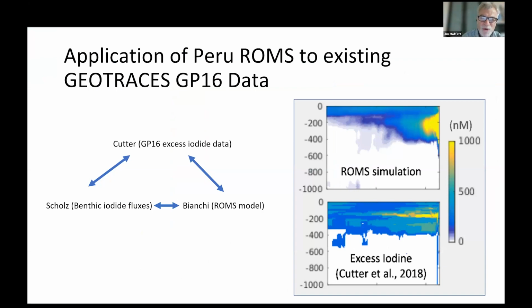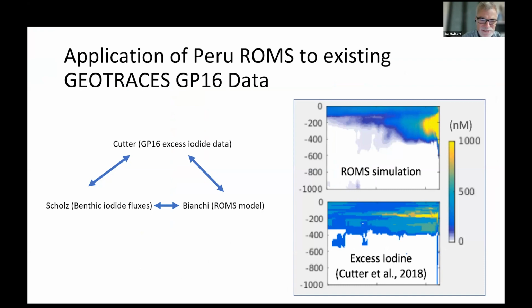How do modelers like Daniele, sediment geochemists, and water column geochemists actually get together to compare some of their data sets? I'd like to provide an example based on the Peru system.